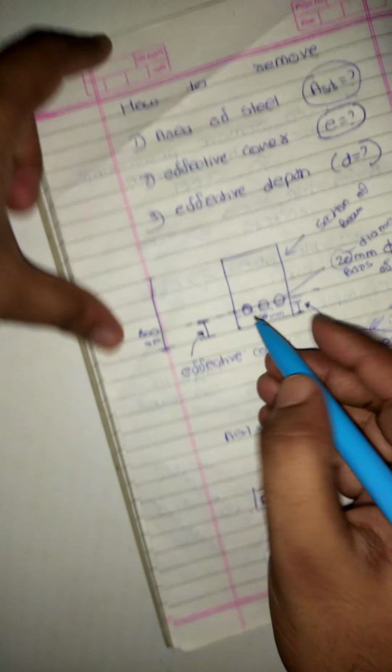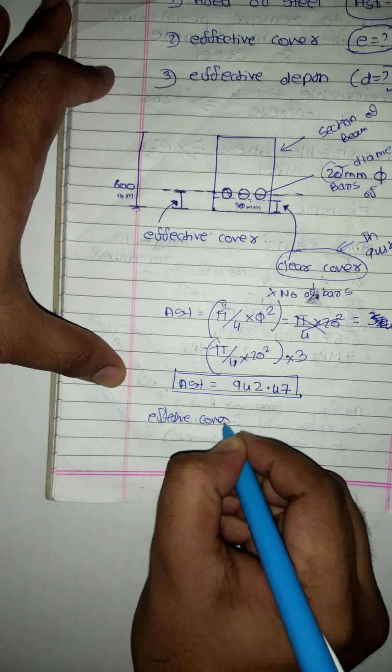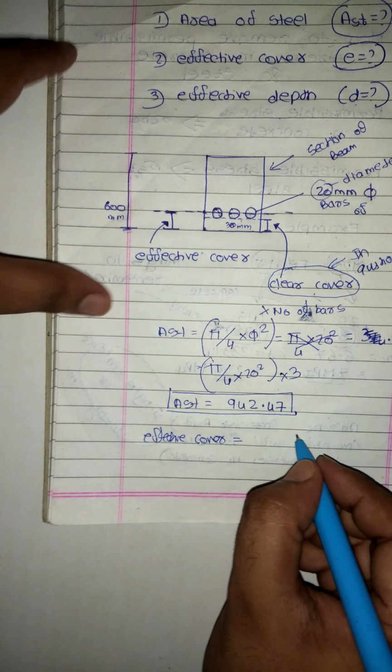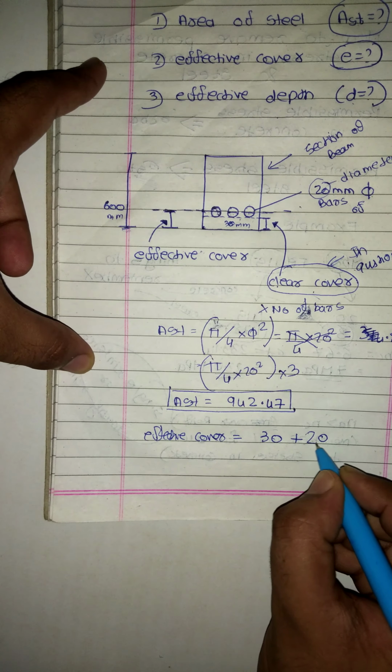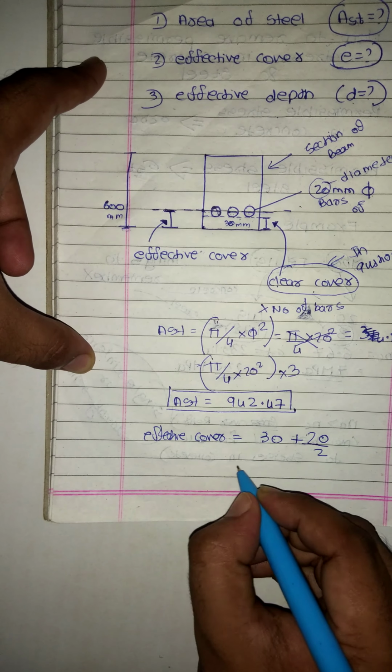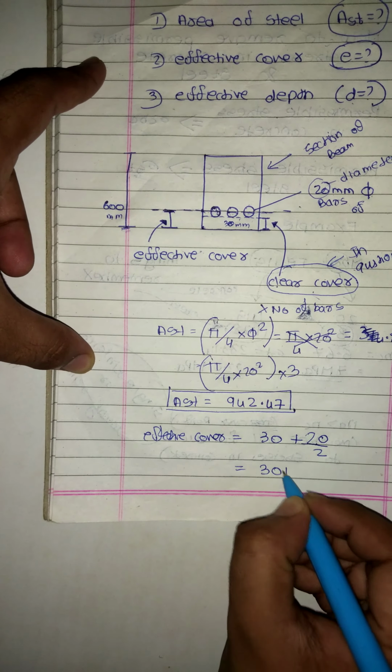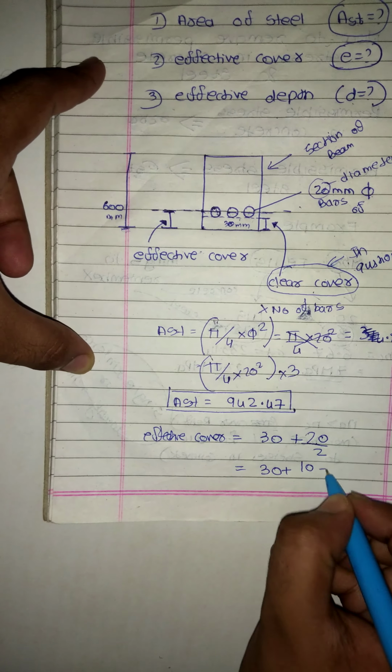So how can we calculate the effective cover? Effective cover is equal to 30 plus the diameter of the bar, 20 mm, divided by 2. So 30 plus 10 is 40.